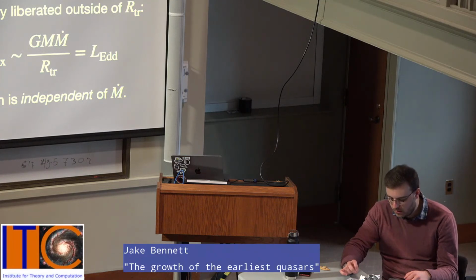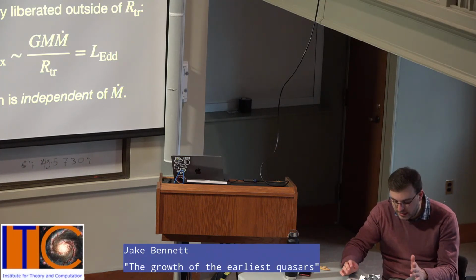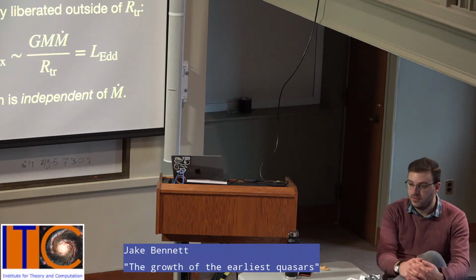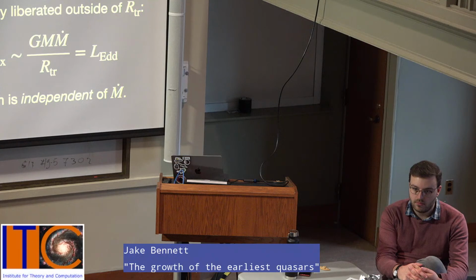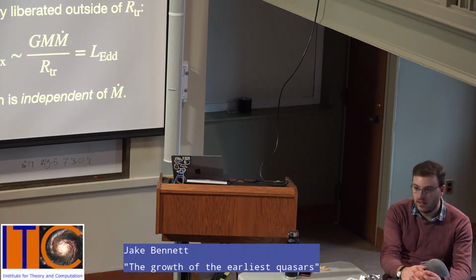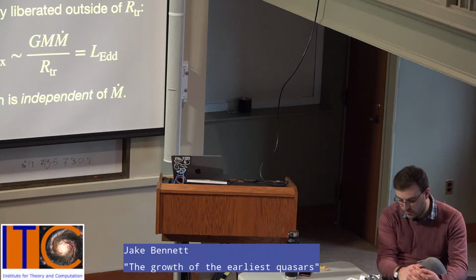Okay. Well, this is basically implying that black holes are a lot more overmassive at high redshift compared to their host galaxy stellar mass than they are at low redshift.